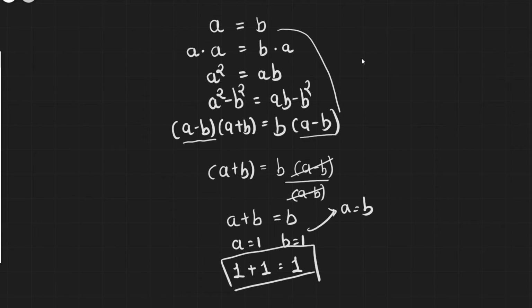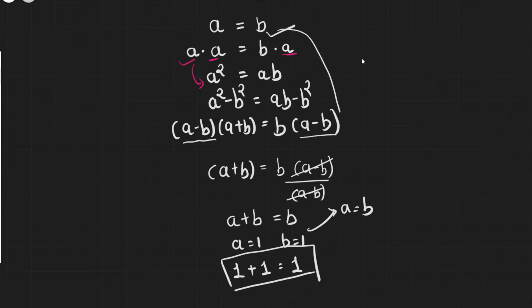Okay, welcome back. So let us verify every step. First we have initialized with A is equal to B. This is right. No need to worry about it. Now here I have multiplied with A. Yes, we can multiply with A on both the sides, and that is also not a violation of any mathematical rule.